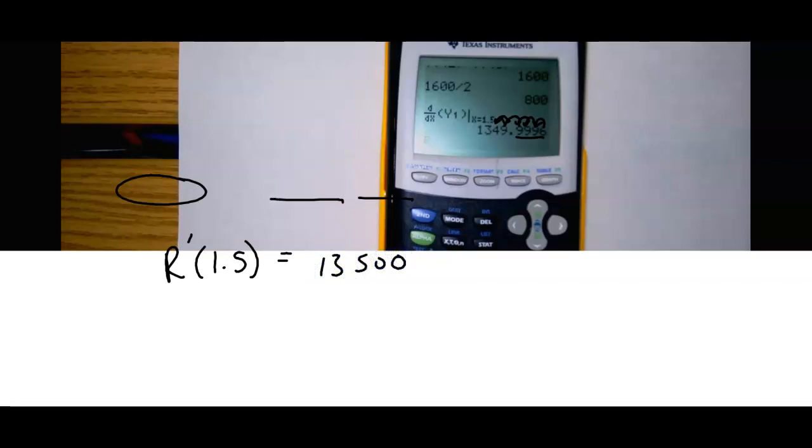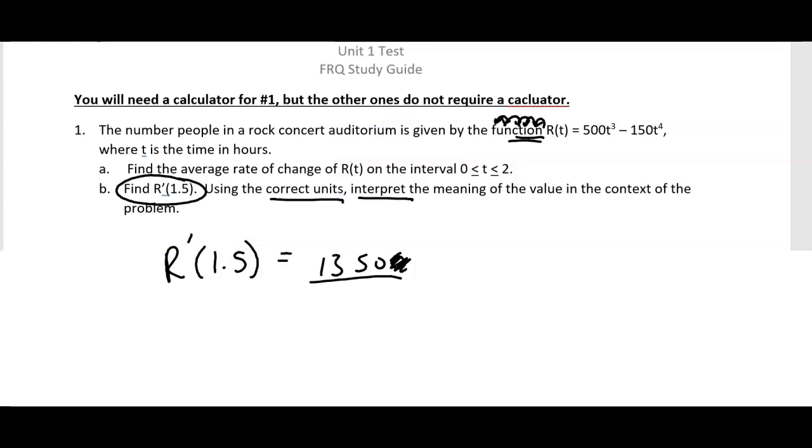Okay. In this case, though, I'm sorry, I think I put too many zeros on there, didn't I? So it's 1350. But when we're talking about people, just be aware, you're not going to put decimals. You can only have a whole number of people. You can't have a fractional number of people.